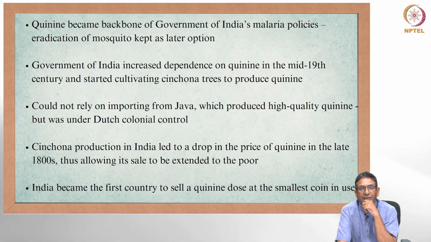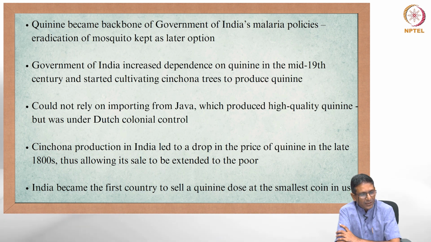And so slowly, it became the backbone of the Government of India's malaria policies. And eradication of mosquitoes, as I said, was a more costly option, so it was kept as a standby option later.